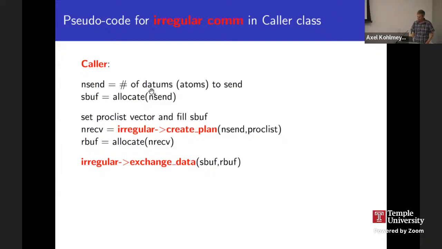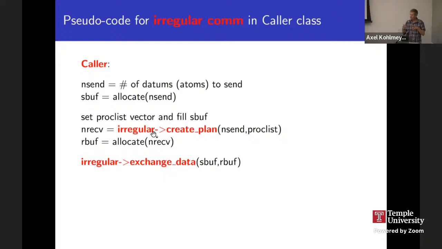So it allocates a buffer to hold that information, and then it loops over its atoms and sets, for each of these n_send datums, the processor I know I need to send it to. And I fill up the SBUF with that n_send number of quantities. Now I do the irregular communication in two steps, one to create the plan and one to actually exchange the data.